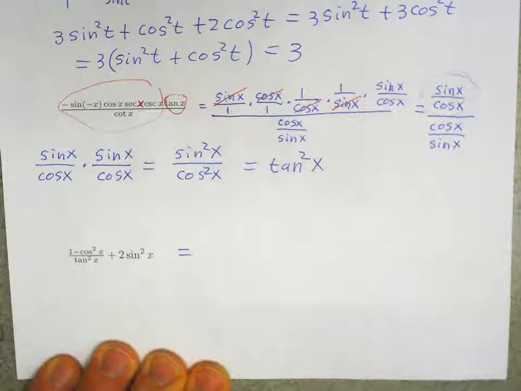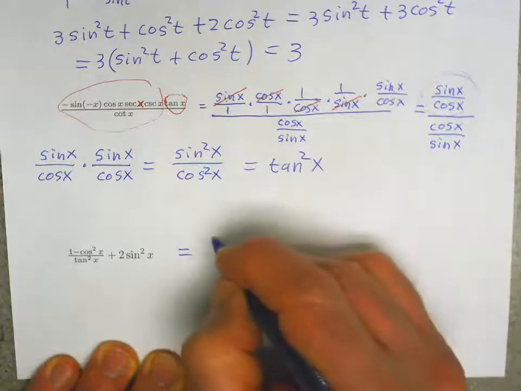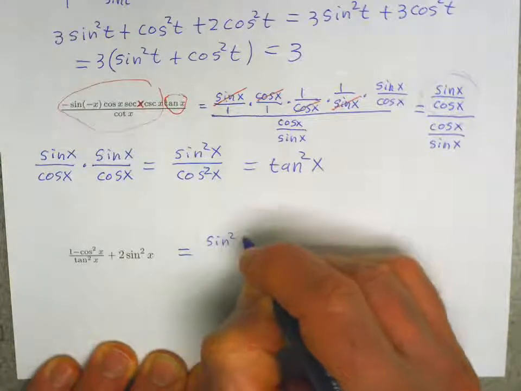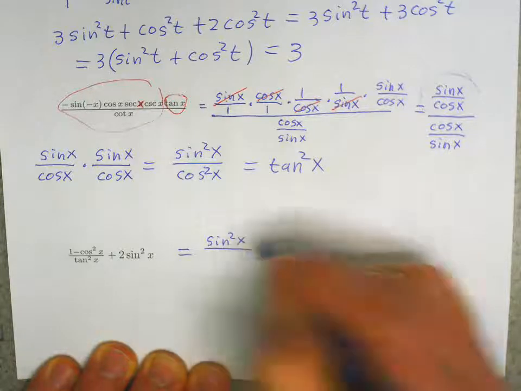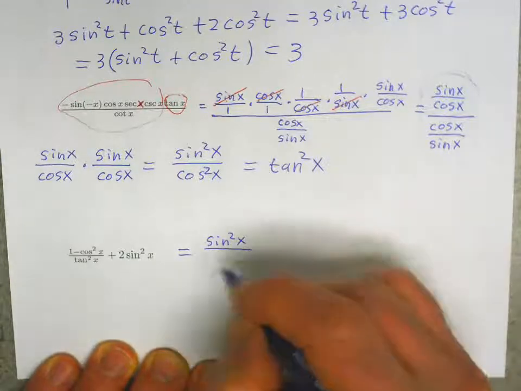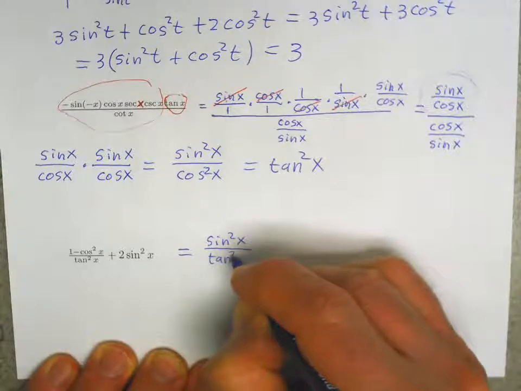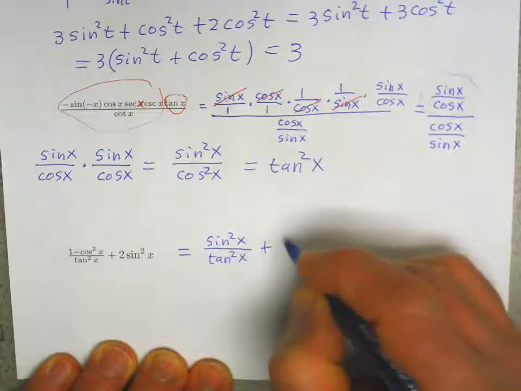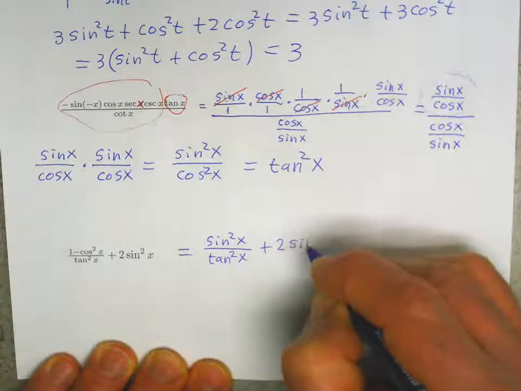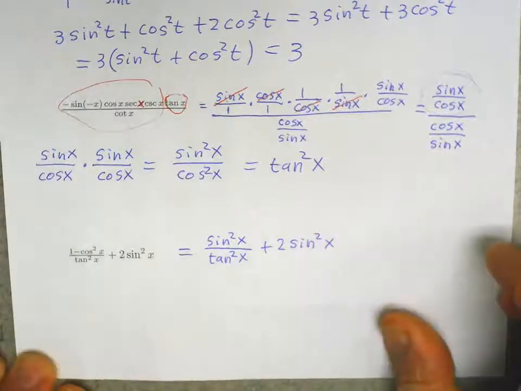That's equal to sine of x squared. And then we're over tangent of x squared plus 2 times sine of x squared.